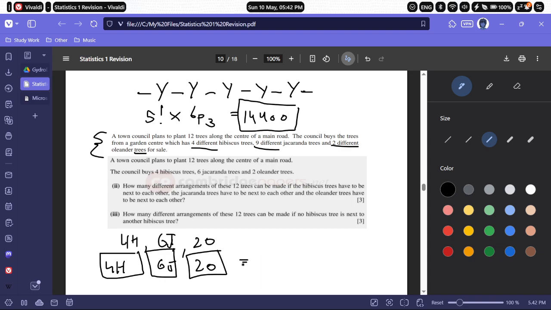So in the first box, it would simply be 4 factorial. Keep in mind that they are different trees. You can think of them as the same type of tree, like hibiscus tree, for example, but they have different heights. That's why you treat them as different. Then that times 6 factorial times 2 factorial. And now, once you're done arranging the trees inside those boxes, you have to think about the ways you can arrange those boxes itself, right? You could have, for example, the O type first, then you could have J, then H, something like that. So the order of those boxes matter as well, so you'd multiply that by 3 factorial.